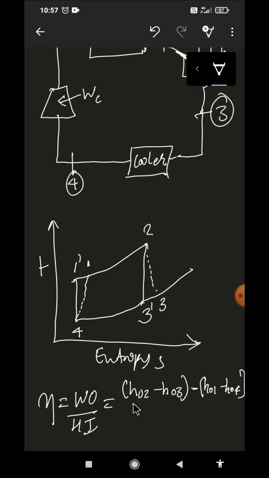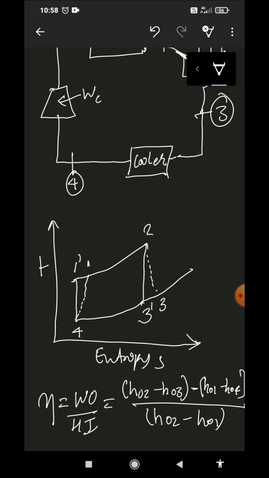And what heat input are we giving? We give heat input in the heater, the 1 to 2 process, that is h02 minus h01. So this is the efficiency.